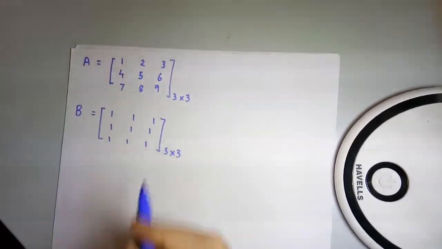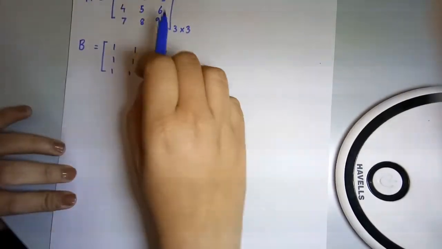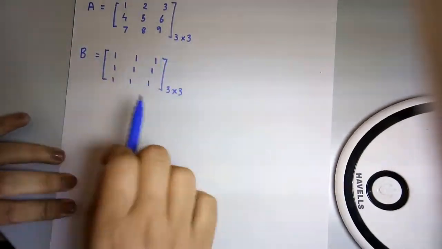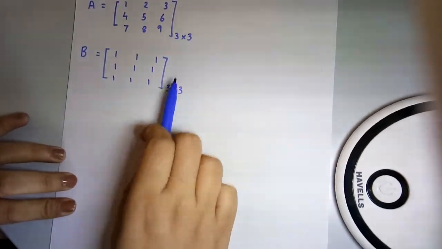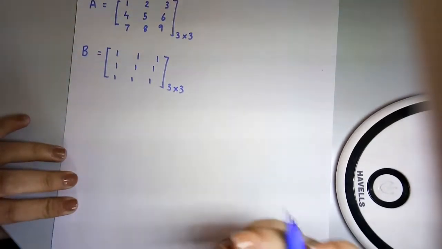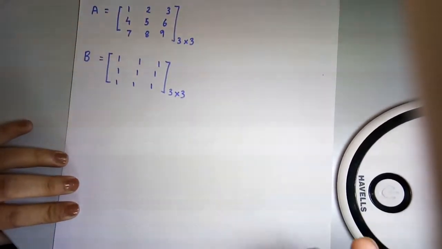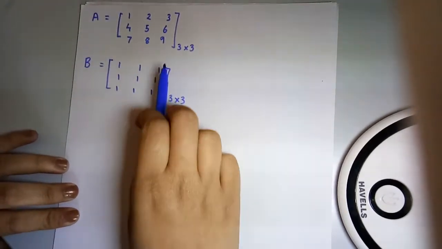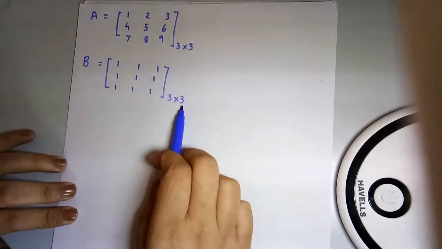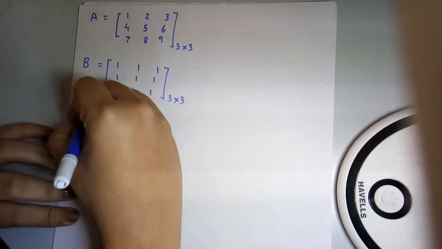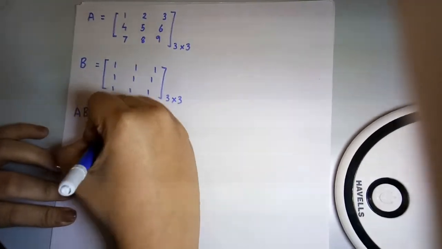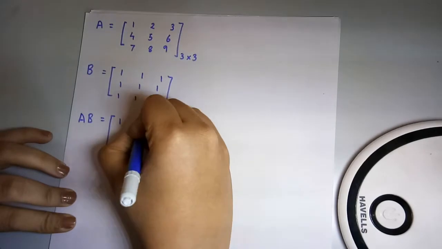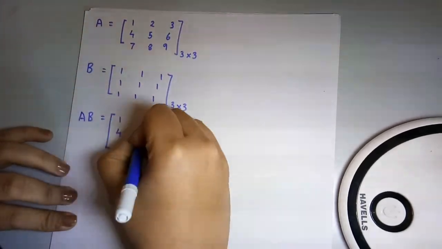Now the number of columns of A is equal to the number of rows of B, 3 and 3, and after multiplying A and B, we will get a matrix C, which will be of the order 3 cross 3. So let us multiply A and B and see what the resulting matrix would be.